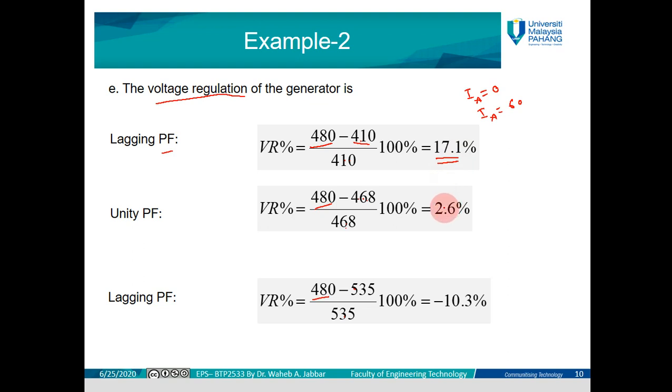The ideal value is 0. That means if we set 0, the V full load equals the V no load, so this is a good or ideal case. If you have negative, it's also good, and the voltage that you will take from the output of the generator will be higher than the induced voltage in the generator itself.